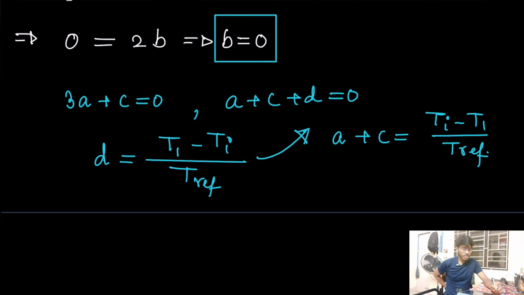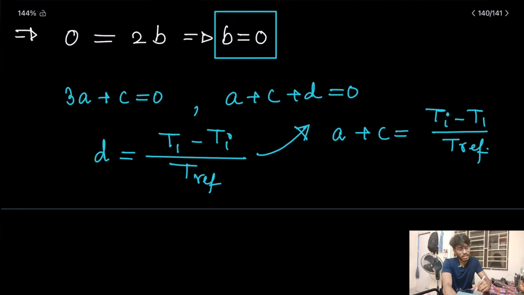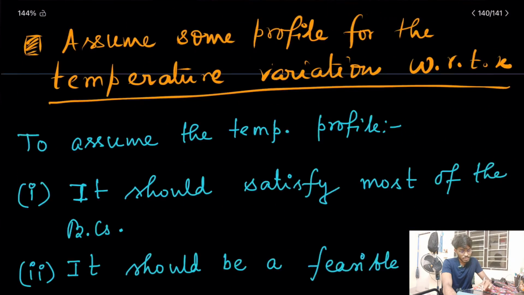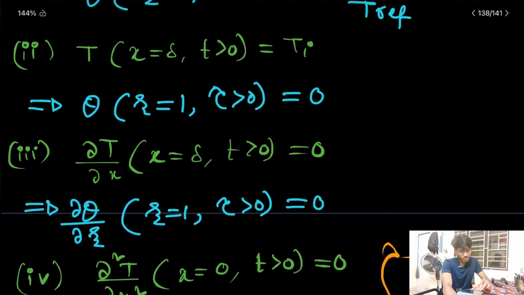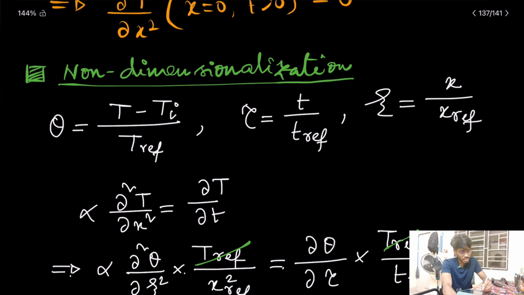Okay, so now you see that I can choose my tref such that this is equal to 1. Then my definition of theta becomes, I will change it here, tref is equal to t1 minus ti.